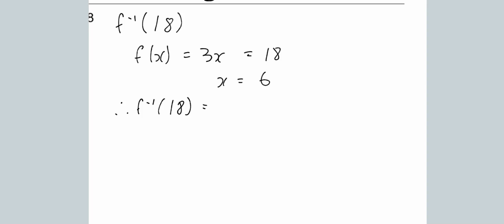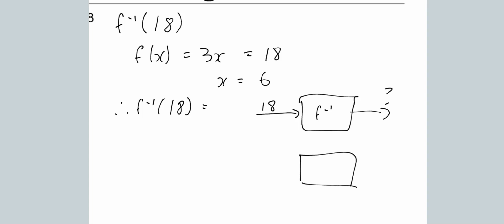Does that make sense? Basically, I'll go for it graphically. I'm inputting 18 to f⁻¹ and I'm getting something out. But that's the same, because of the way it works, as putting the input into f and getting out 18.